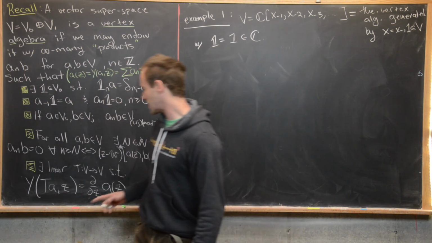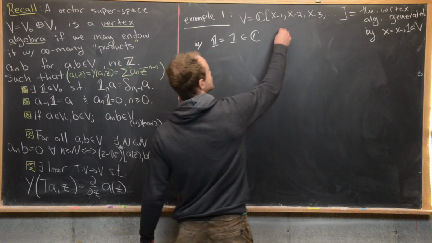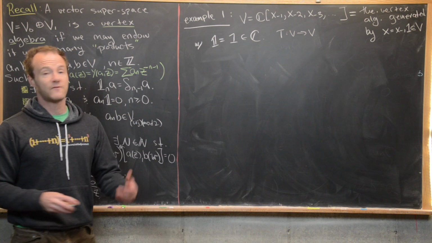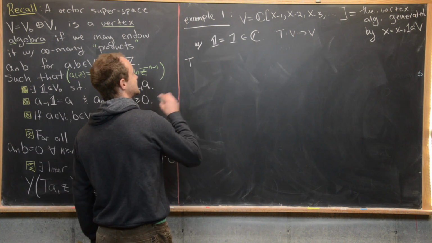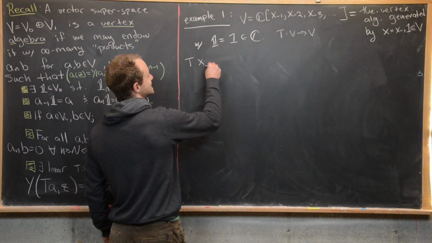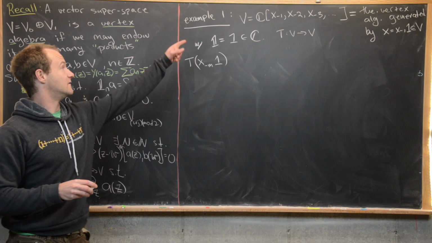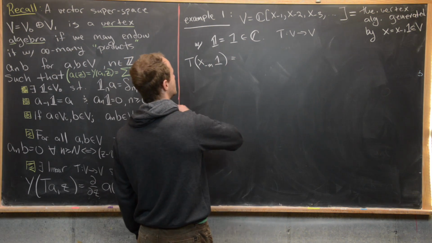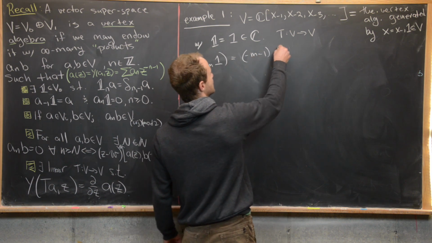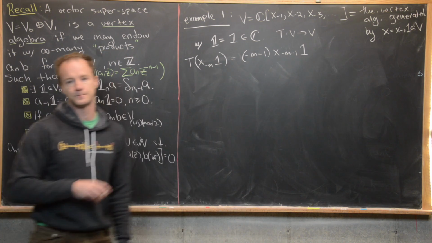Now maybe we need to take care of what the translation operator is. So next, let's define T going from V to V in the following way. So we're going to let T evaluated at x_{-m-1}, so that's an element in V, be equal to (m+1) x_{-m-2} on 1.